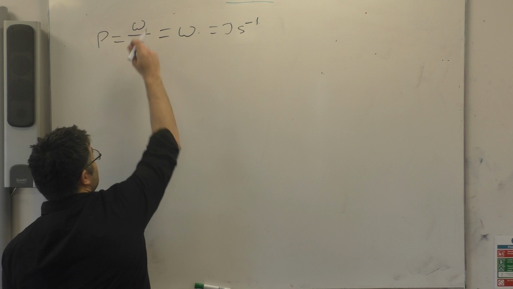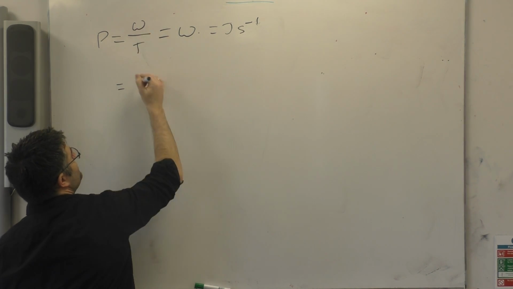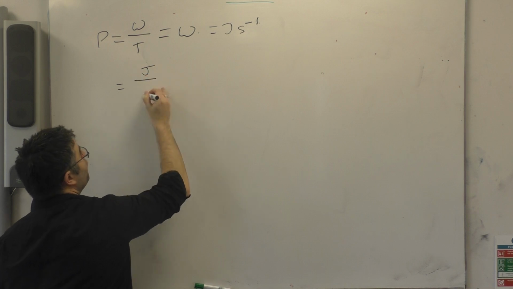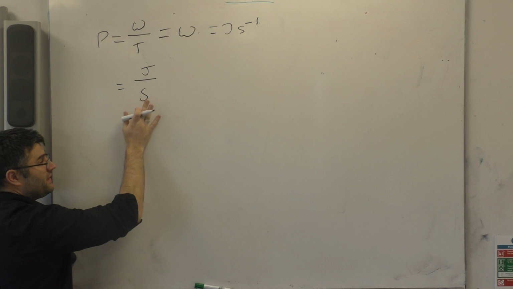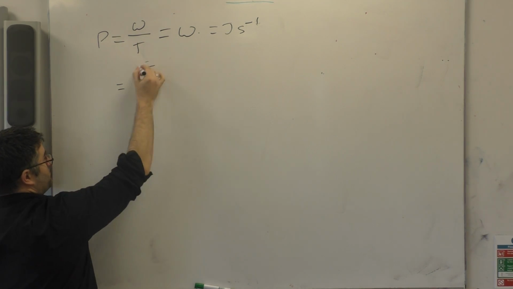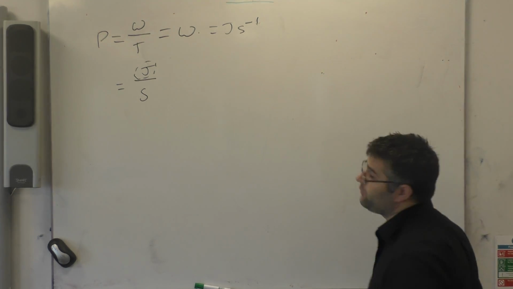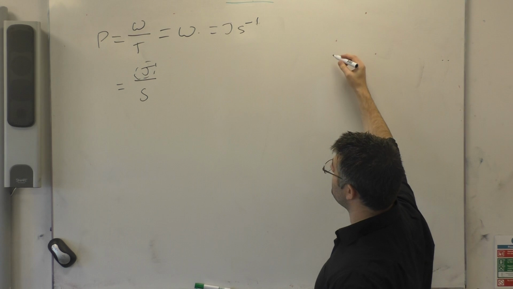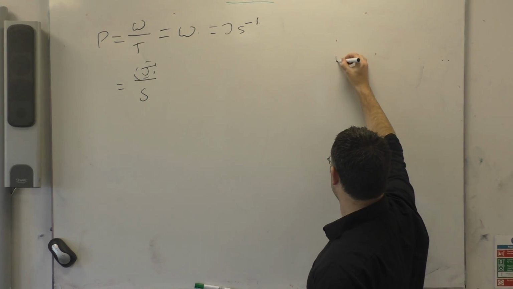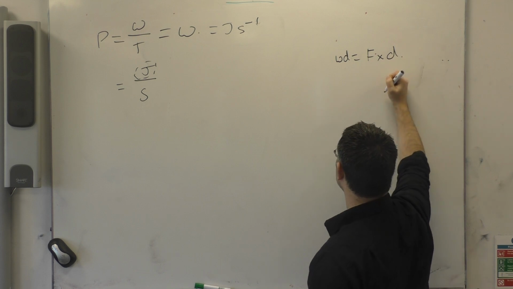So, let's start out with the values that we know. We've got energy, which is in joules, over seconds. Well, seconds is a base unit, so we can leave that one as it is, but we have to do something about this joules. We need an equation for joules in terms of base units, and the way we do that is work done equals force times a distance.